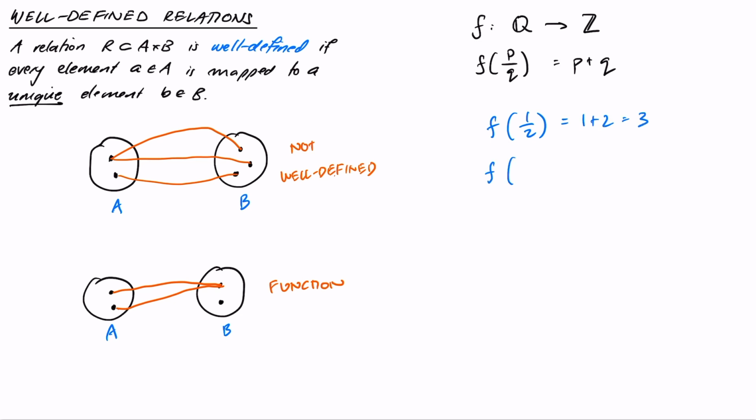Then if I do the same thing again for f of 2 over 4, that will give me 2 plus 4, which is 6. But as rational numbers, 1/2 and 2/4 are the same rational number, therefore I cannot have them both being mapped to different values. So this relation is not well defined, or it's ill-defined.